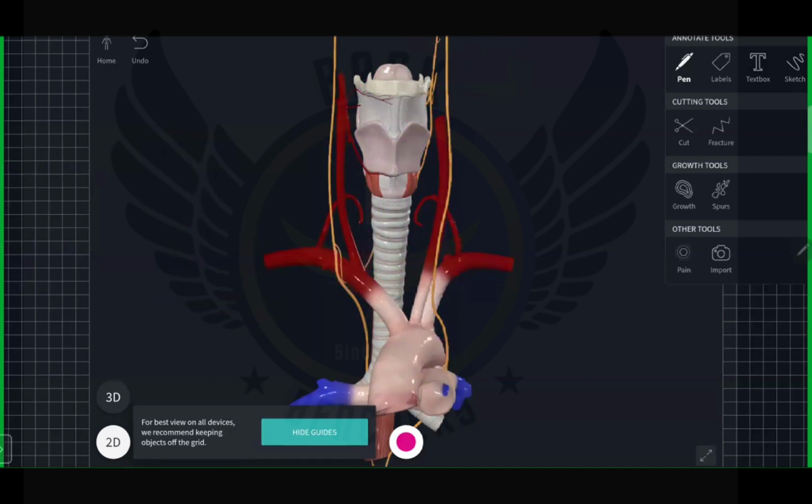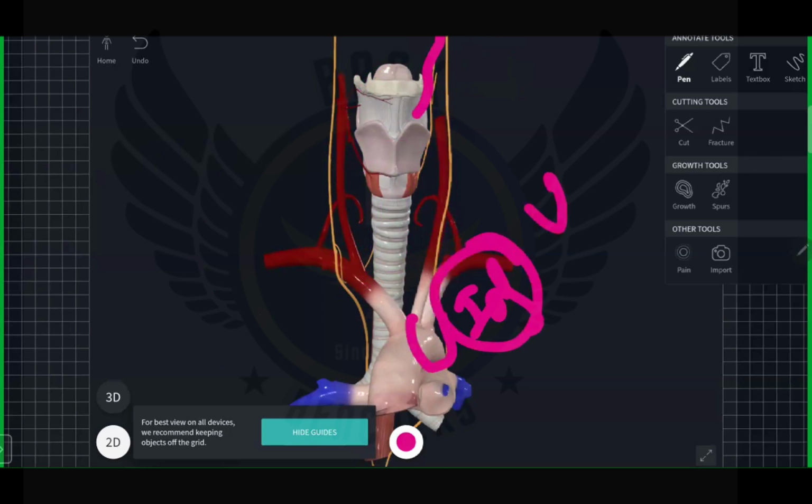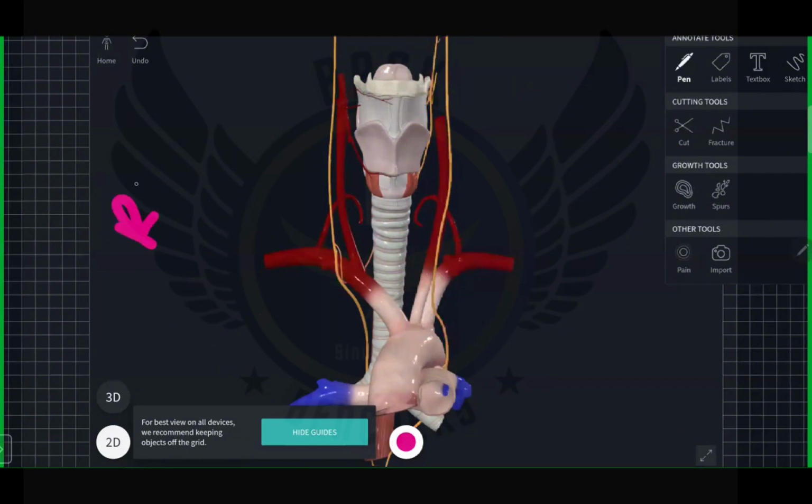Now, this is your superior laryngeal nerve, and here is your inferior laryngeal nerve. Because it's taking a U-turn, we call it the recurrent laryngeal nerve, in short, RLN.